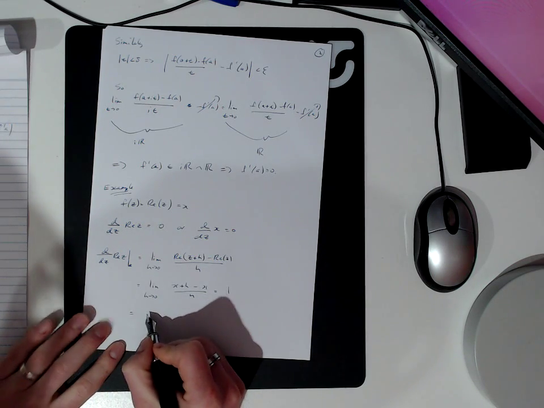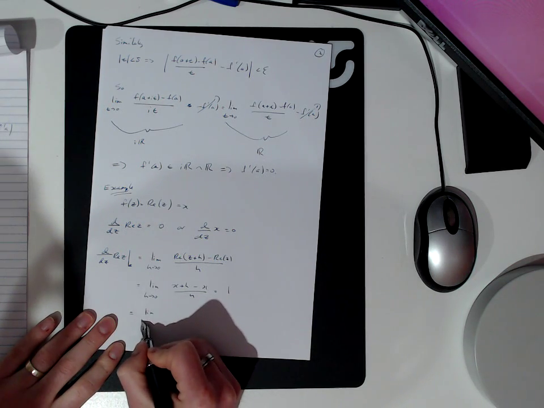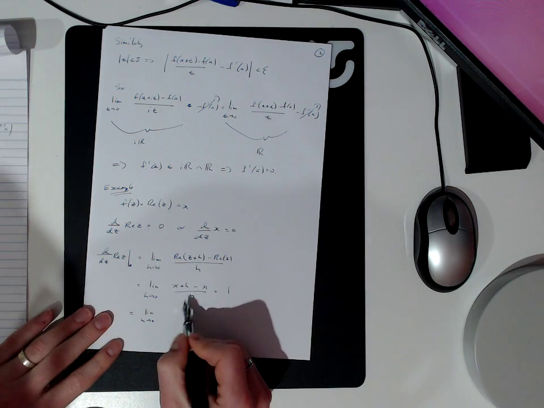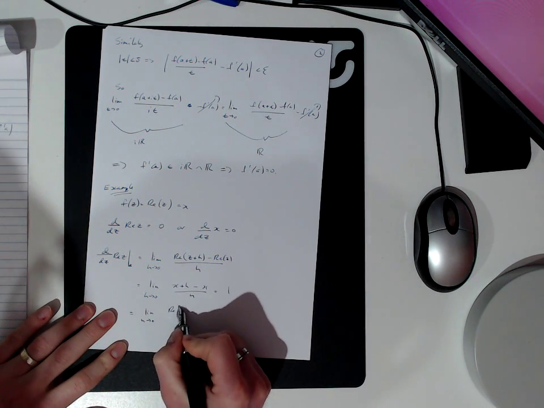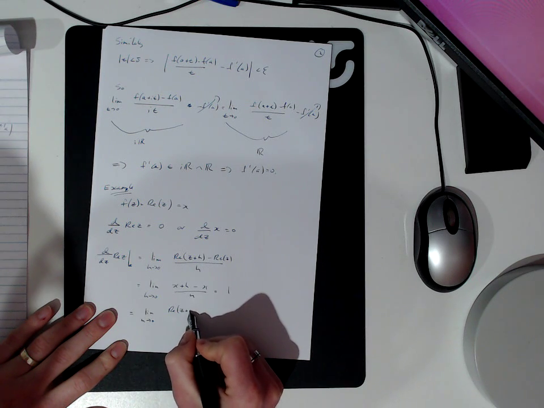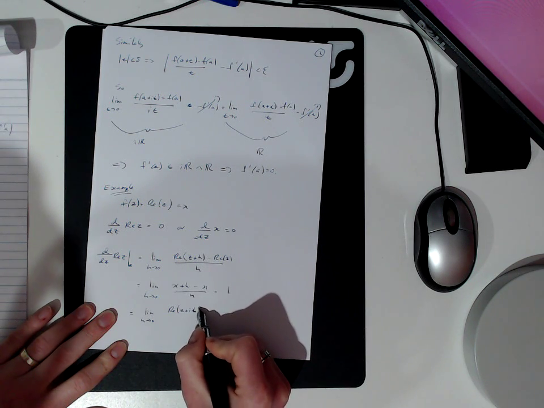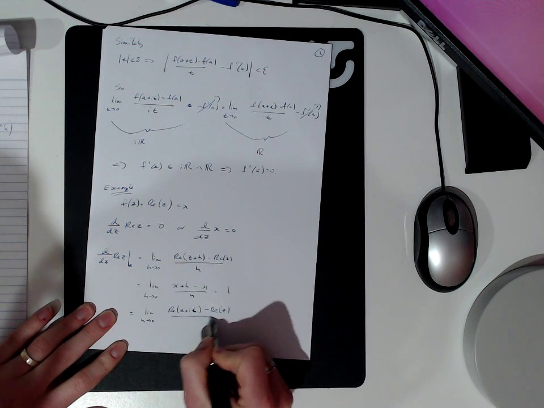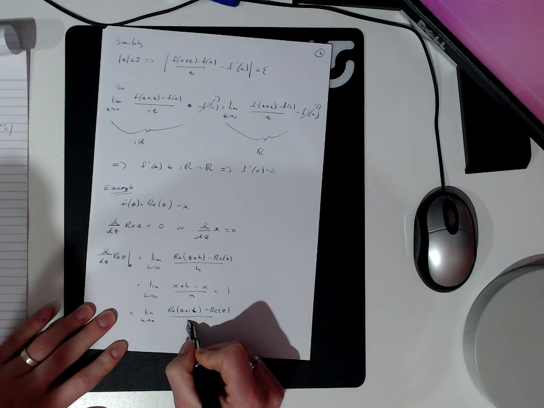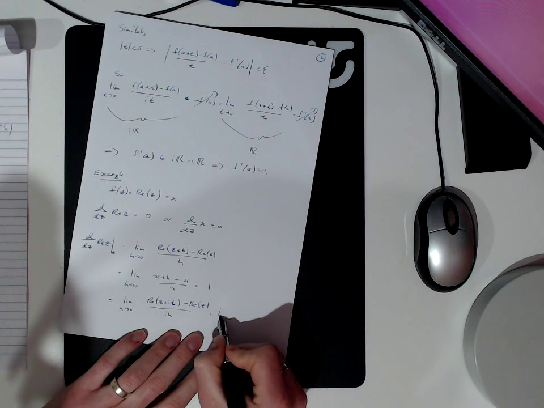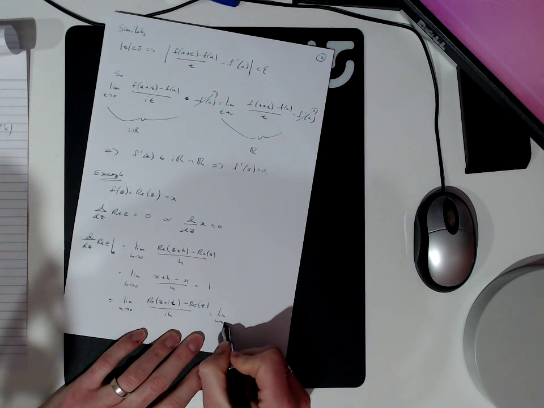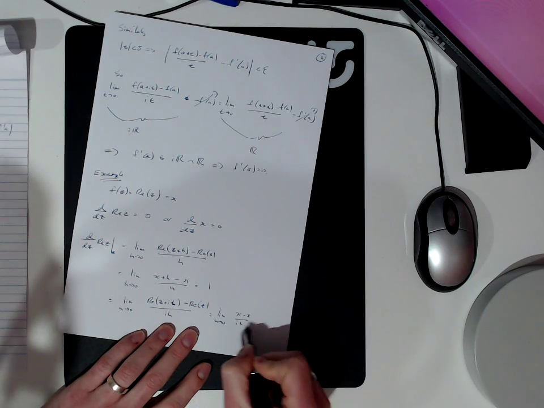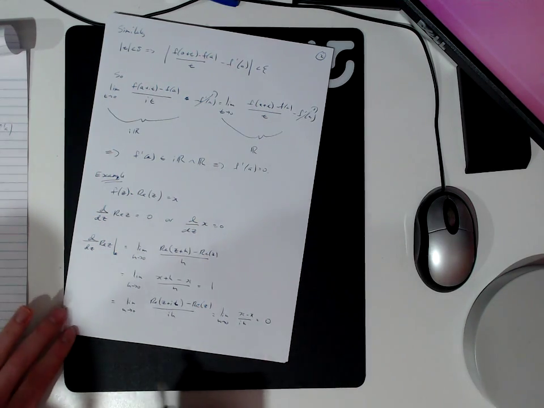But this is also equal to the limit as h goes to 0 of the real part of z plus i h minus the real part of z over, say, i h. And this is equal to the limit as h goes to 0 of x minus x over i h, which is equal to 0.